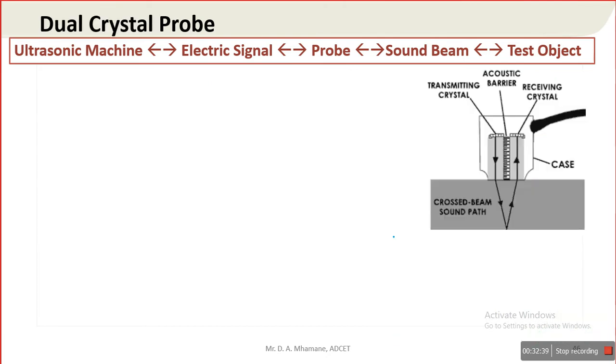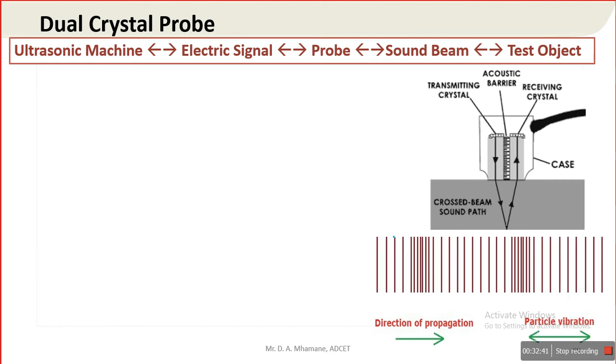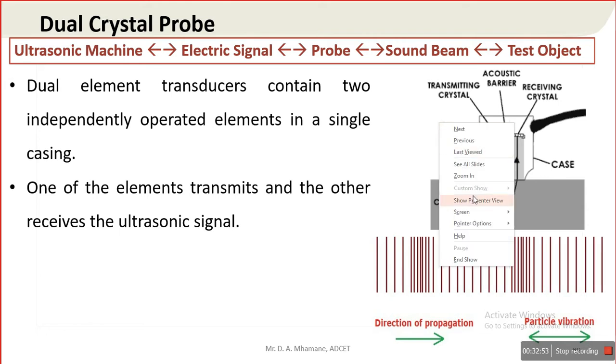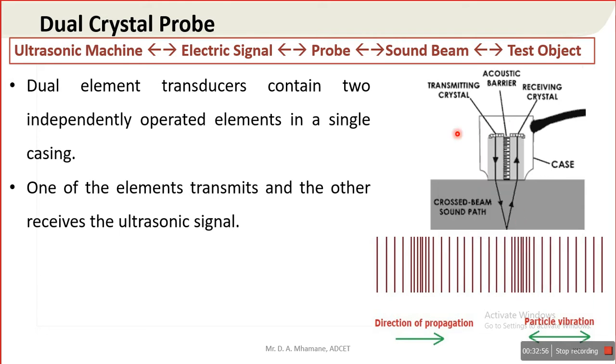So the dual crystal probe here. A dual element transducer contains two independently operated elements in a single casing, as shown in the figure. This is the first transmitting crystal and the other is the receiving crystal.